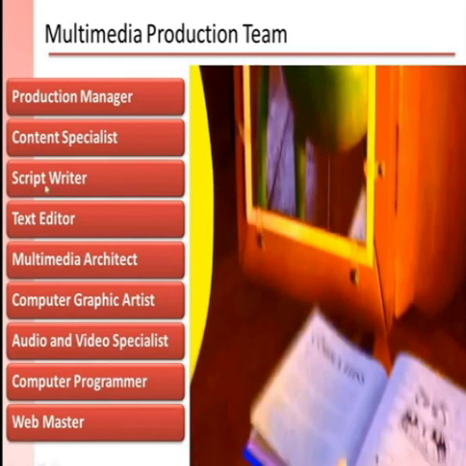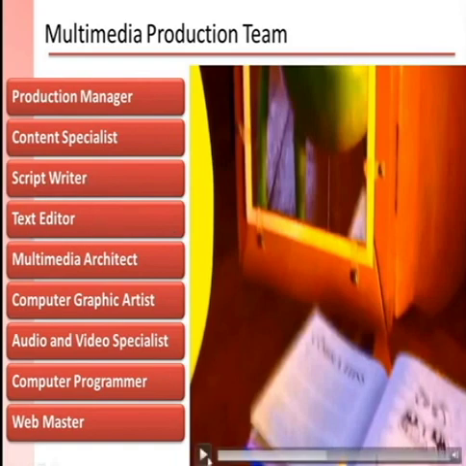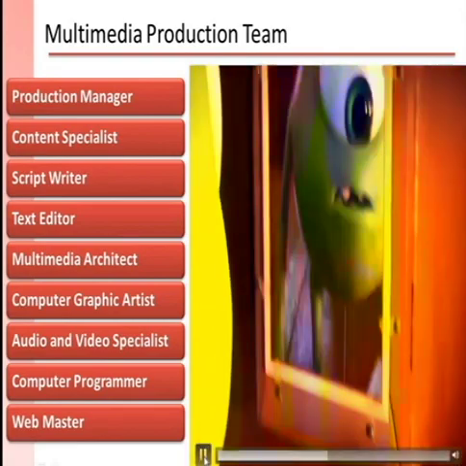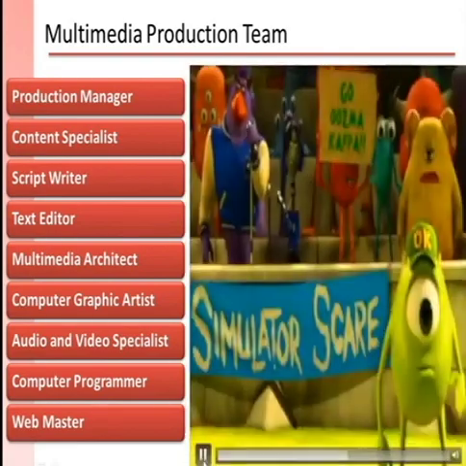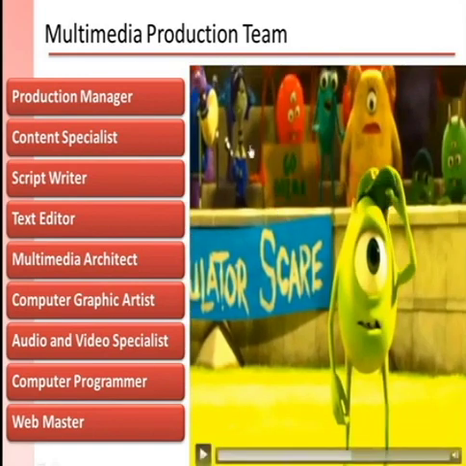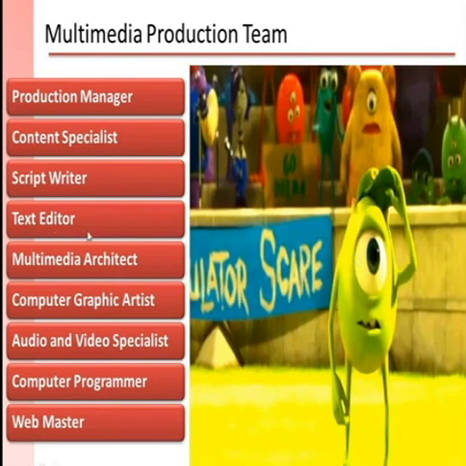Everything is designed by the script writer. The text editor here is responsible for the text coming in the flow. So first set a goal, then practice, hard work, practice, everything is coming in a structural flow. This is done by the text editor.